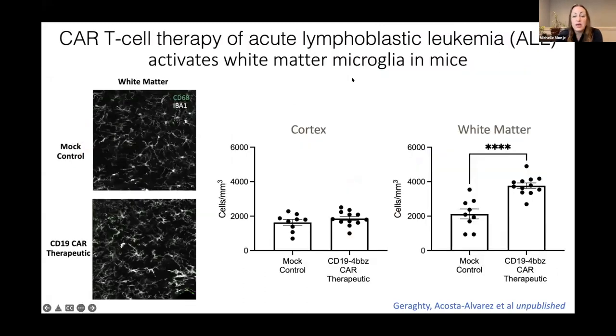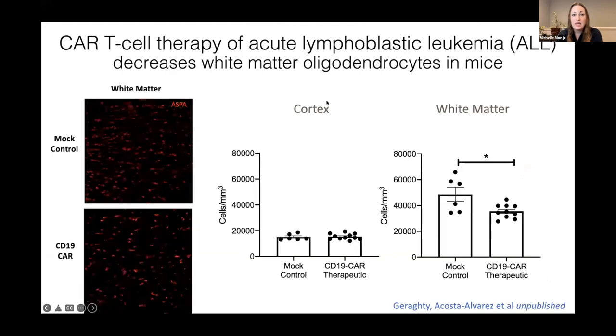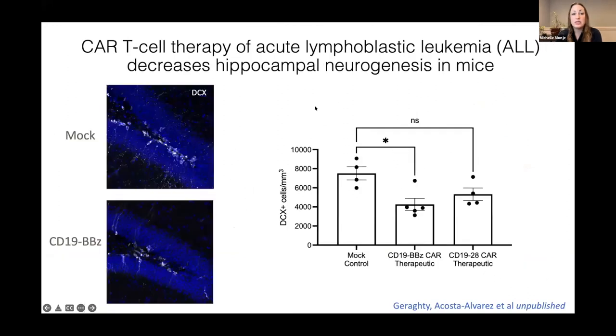CAR T-cell therapy of acute lymphoblastic leukemia activates white matter microglia selectively, just as we've seen again and again in other disease contexts. This decreases white matter oligodendrocytes, impairs hippocampal neurogenesis.